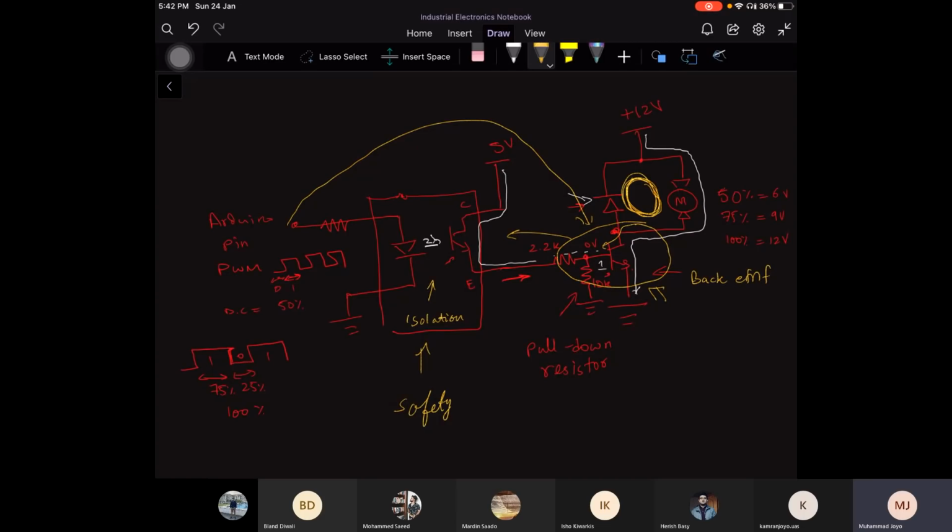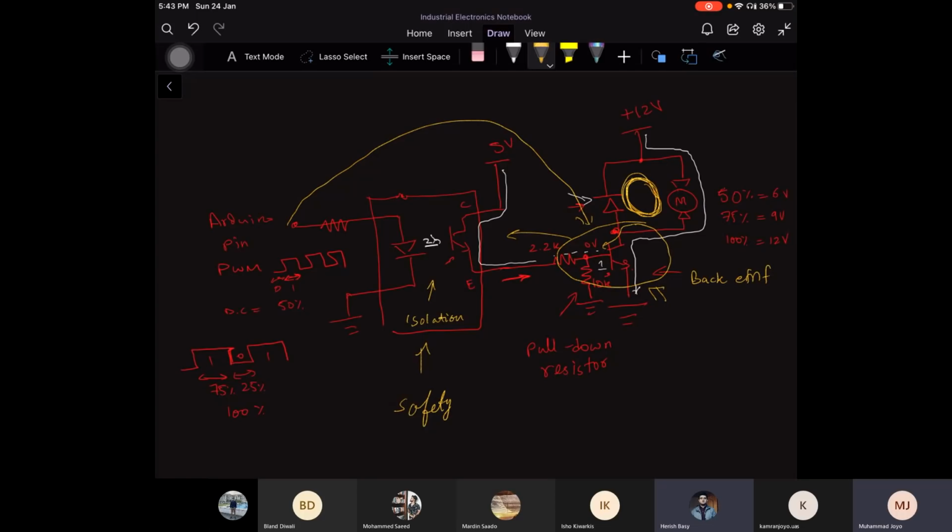So is there any confusion until now? Any questions? Sir, you said the motor has some back EMF, which is bad for the circuit, and is that also the reason that we use the reverse diode?